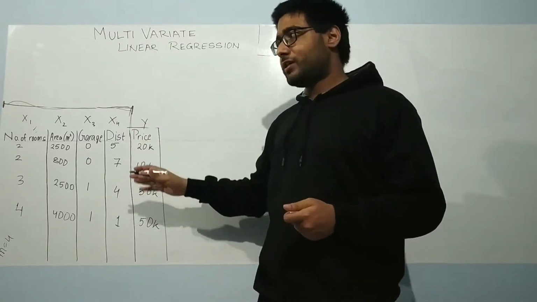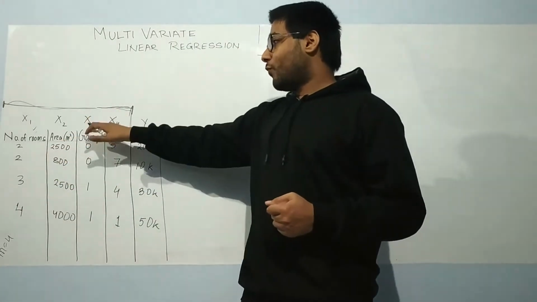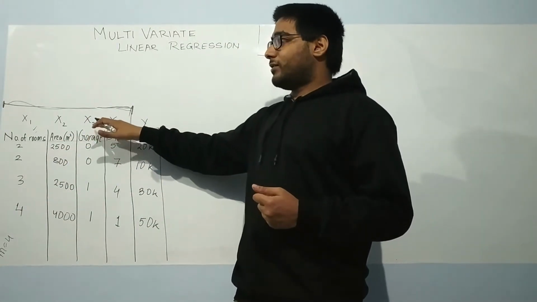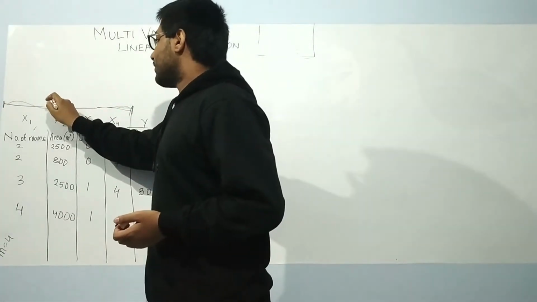So for simplicity, I'm taking just four examples here and just four independent variables, which we also call features. I'm going to write this down for you.